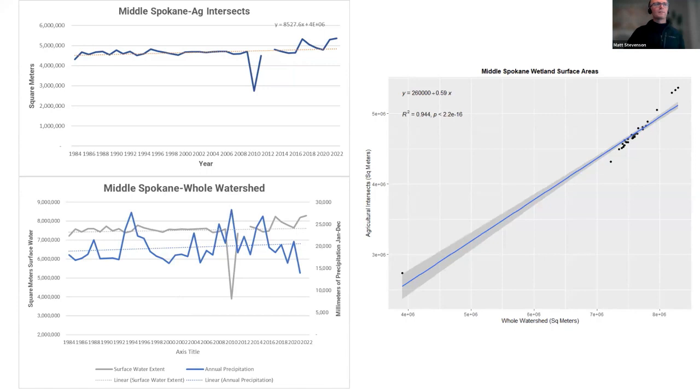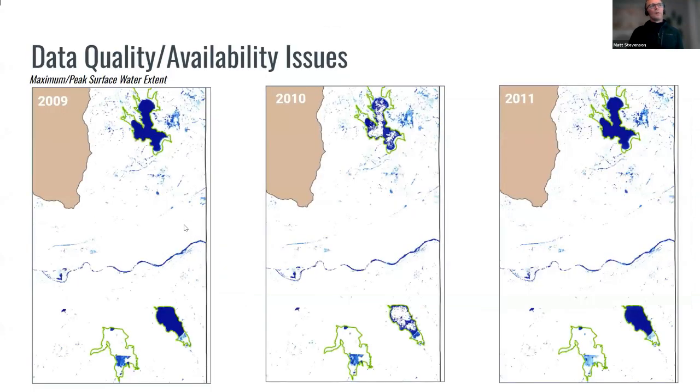So we thought, well, that's kind of weird. Why is this happening? So we went back into the data and had a look at the maximum or peak surface water extent for 2010 and then for a year on either side.